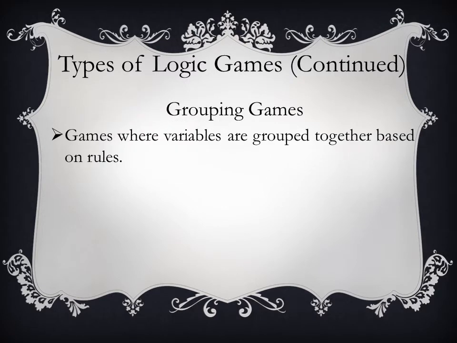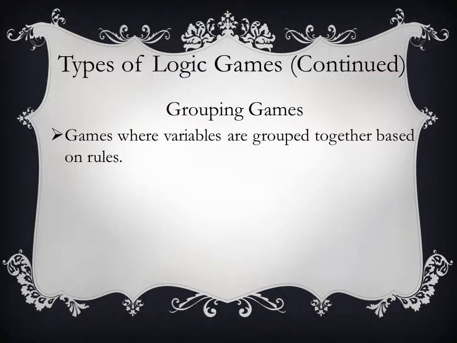Grouping games are just games where variables are grouped together based on the rules of the logic game. I always try to think of grouping games as if I am trying to arrange the seating for a wedding. You have the two cousins that hate each other, so they can't sit at the same table.